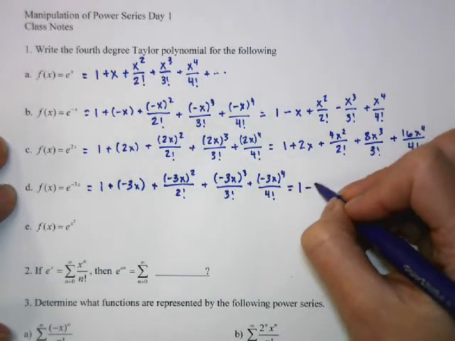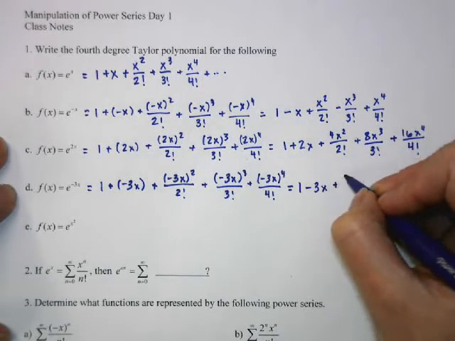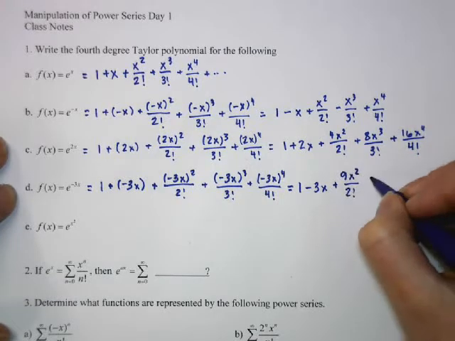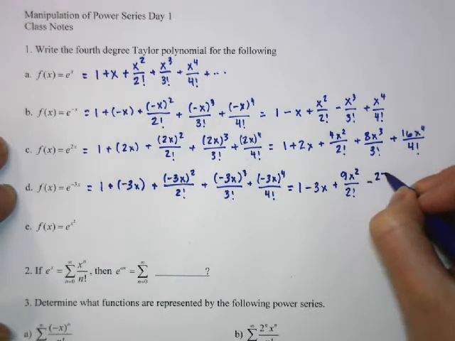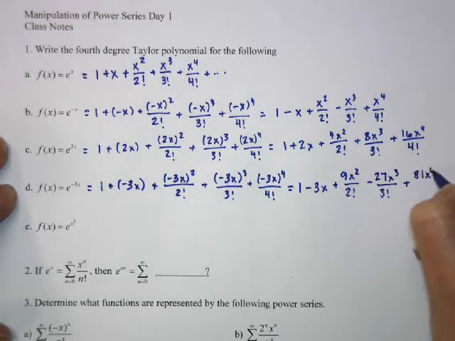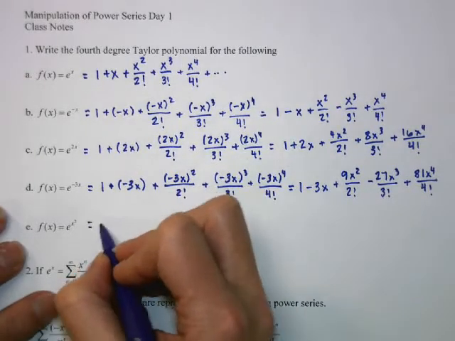Okay, so this is going to be 1 minus 3x plus 9x squared over 2 factorial minus 27x cubed over 3 factorial plus 81x to the fourth over 4 factorial. For the last one here, we're going to replace x squared.